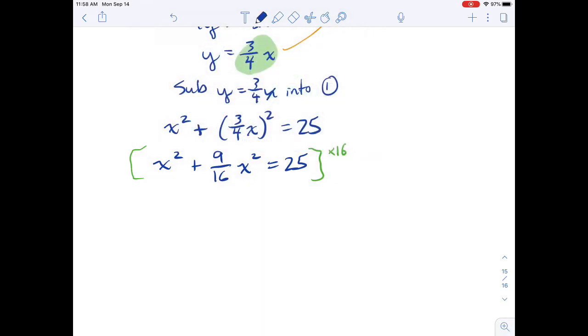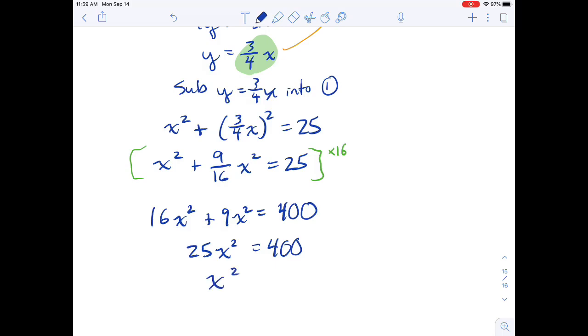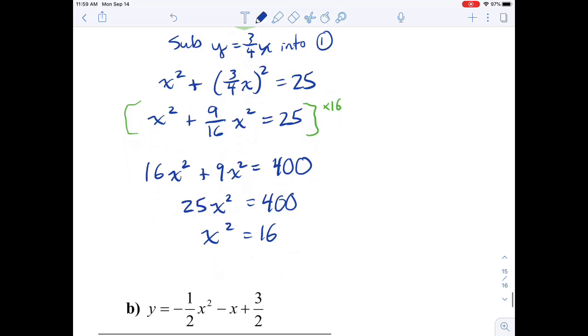So I can say, for example, 16x squared plus 9x squared is equal to, and then 400 is what I have on the other side. And then the 2 x squared terms can be combined. 25x squared equals 400. Divide both sides by 25, and x squared really is equal to 16. Or in other words, x is equal to plus or minus 4.